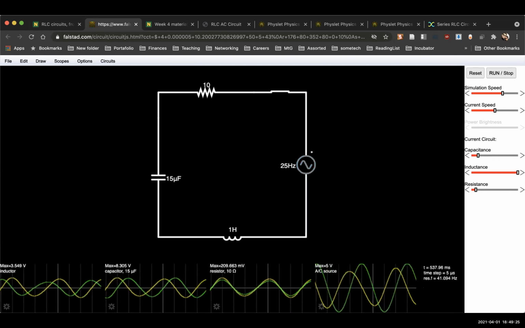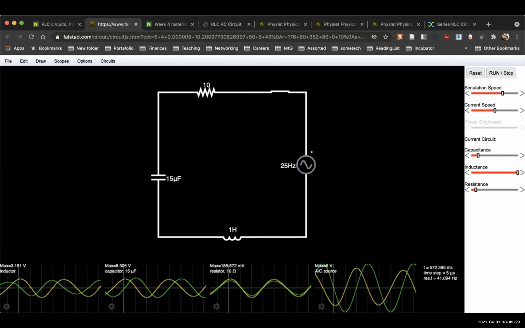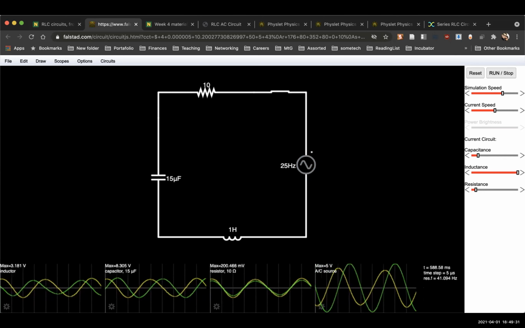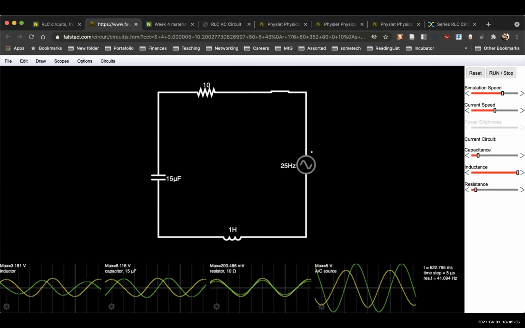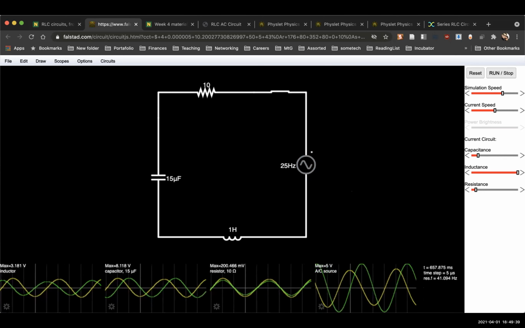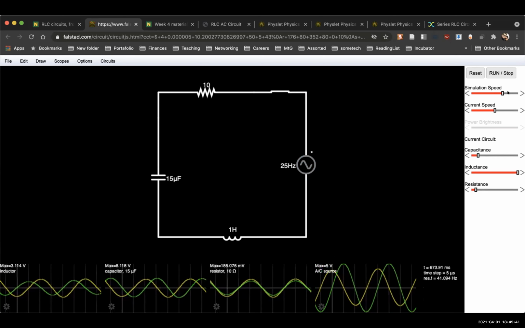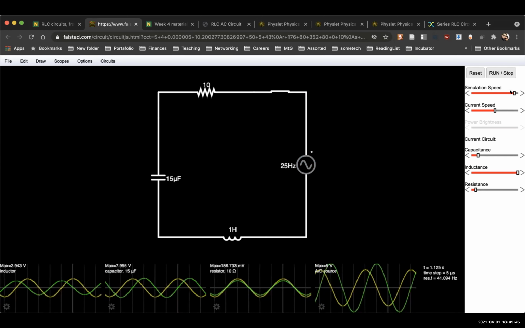And we observe the response. And we also observed the phases of the responses. Let me get us into stable condition here.